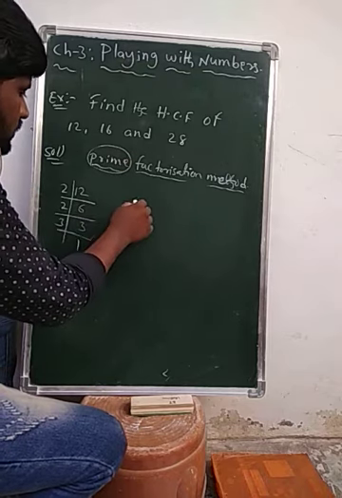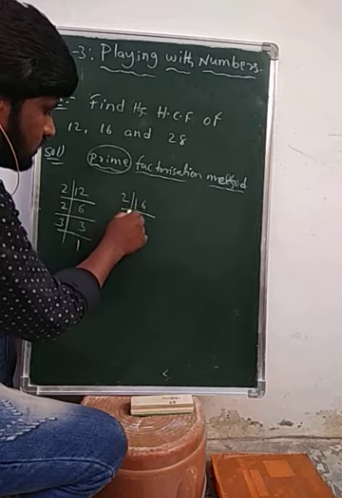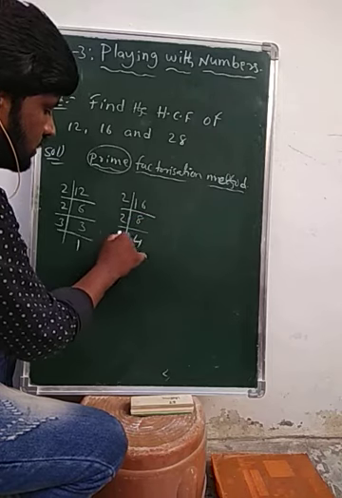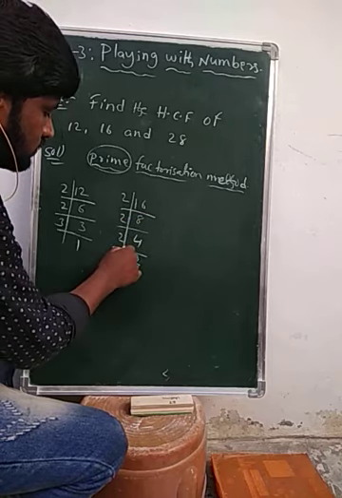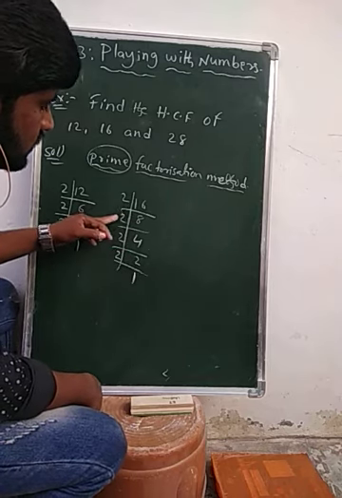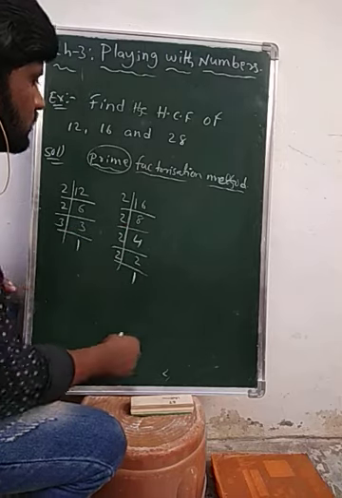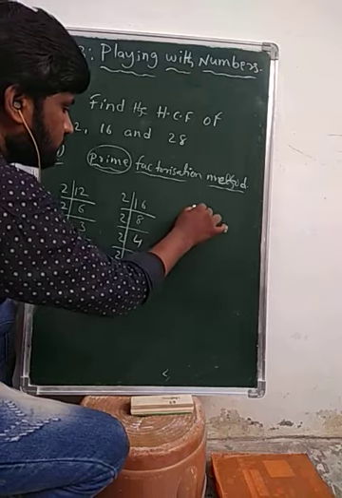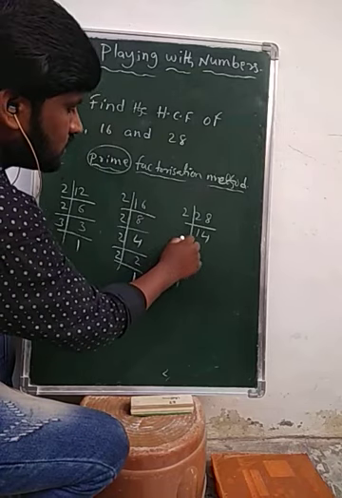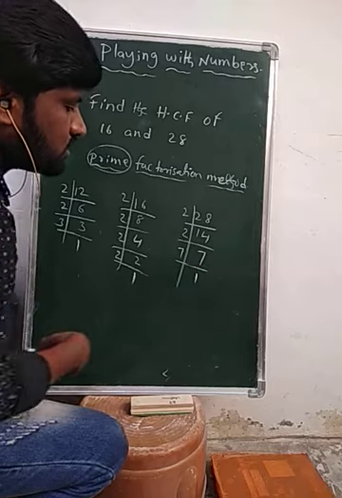The next one, 16: 2 8s are 16, 2 4s are 8, 2 2s are 4, and 2 1s are 2. And 28 also: 2 14s are 28, 2 7s are 14, 7 1s are 7.